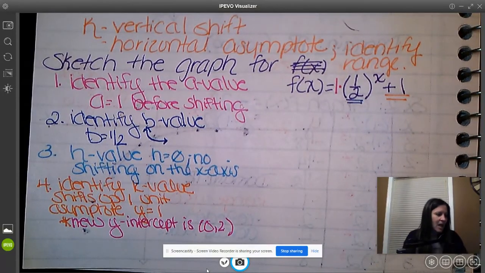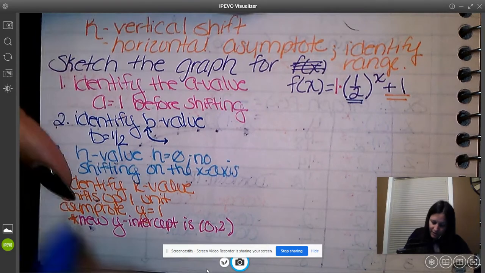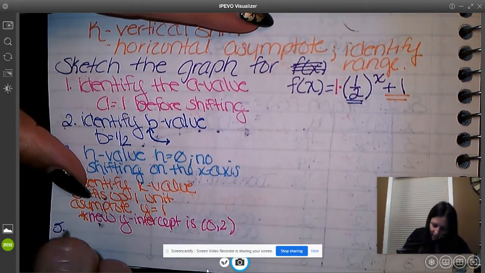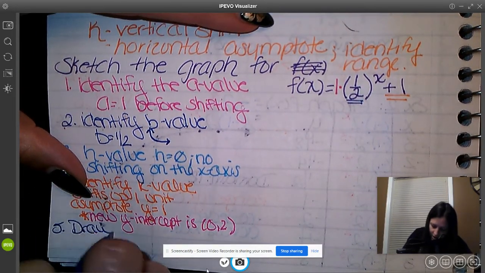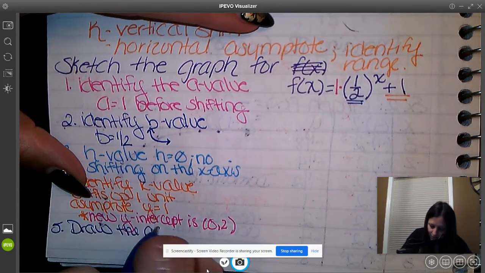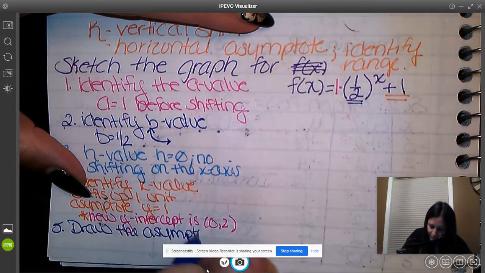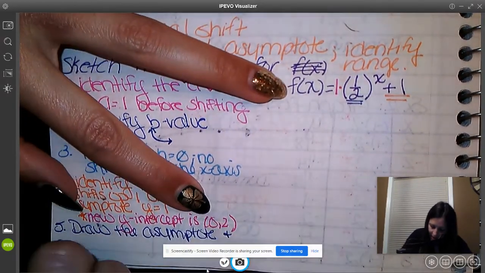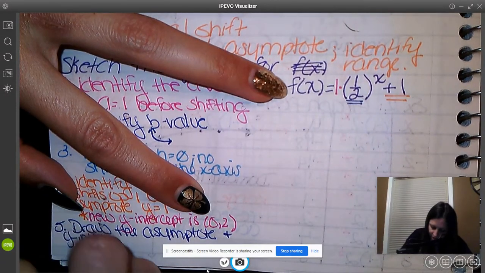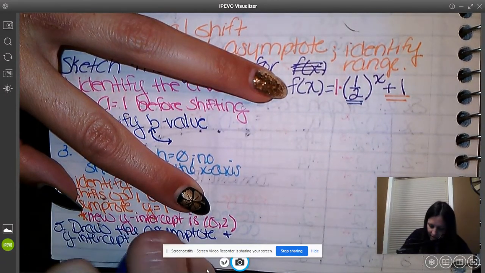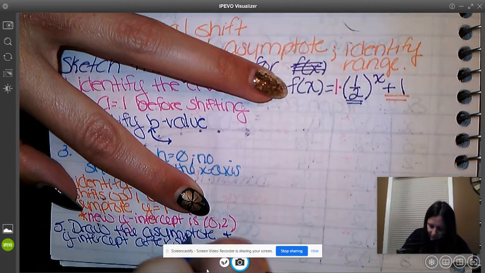Okay. So now what we can do, step 5, we can draw the asymptote and y-intercept after shifting.